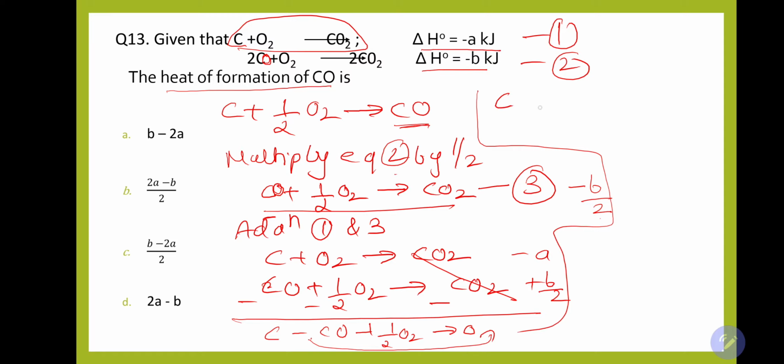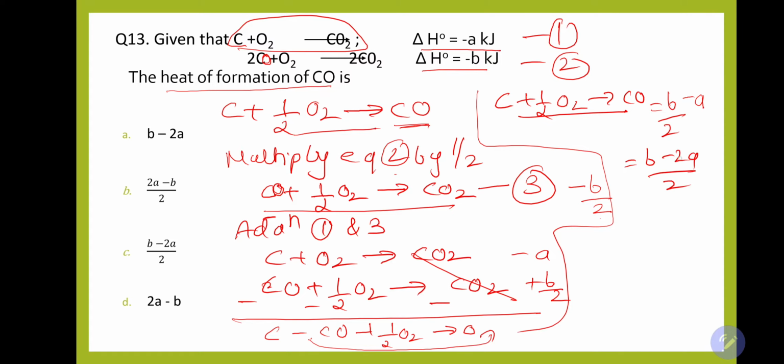So it will become C plus half O2 gives me CO, right? Okay, so we got this equation. Now here it will be what, it will be b plus 2, okay, minus a. Okay, so what will be the answer? It will be b minus 2a upon 2.